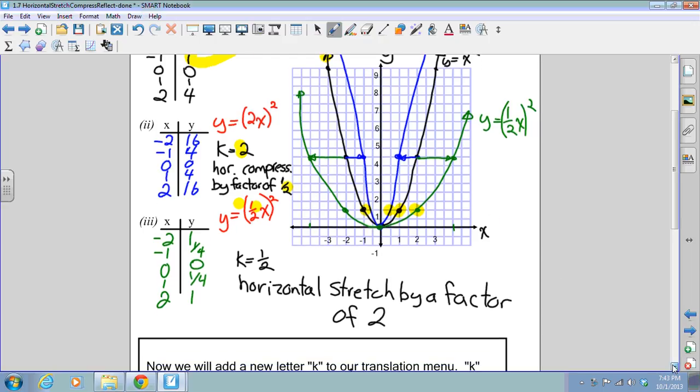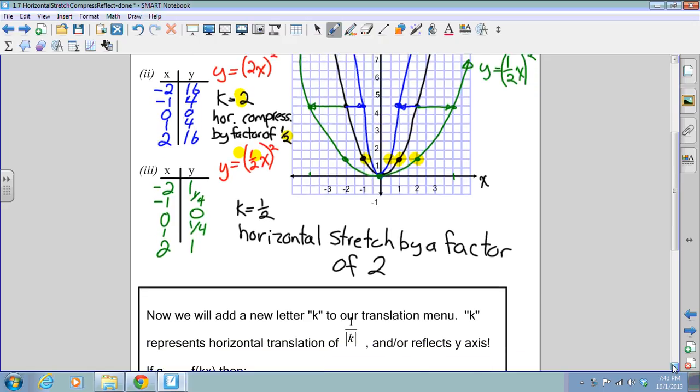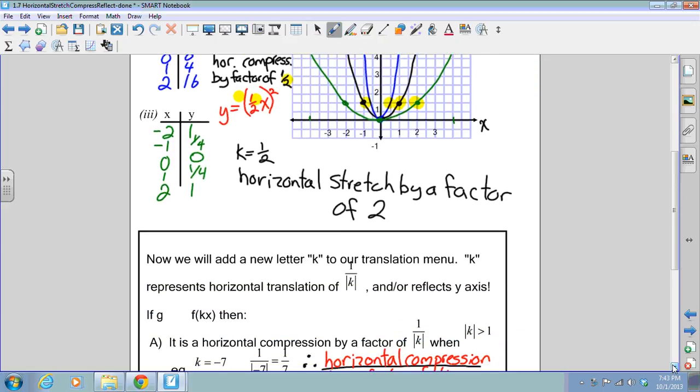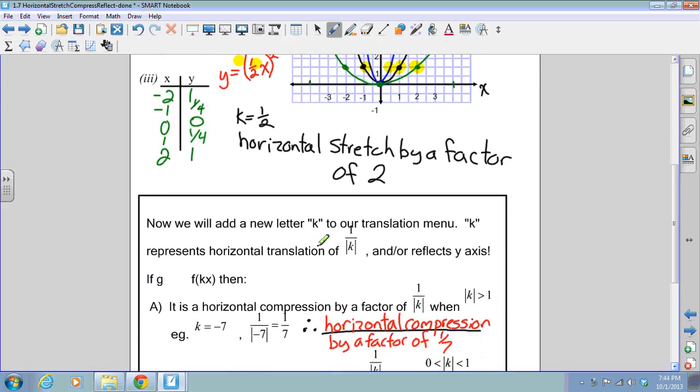So let's go over and make a rule about this, okay? So taking a look here, ladies and gentlemen, we want you to write this out or make sure you've got this in your notes, okay? The formula we're developing here is k. And in order to take a look at k, you look at it from your translation menu, okay? So k is going to always be directly in front of x, or directly attached to x. So take a look here, guys, right here.